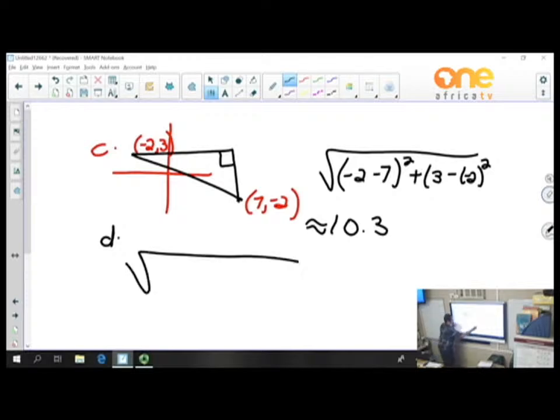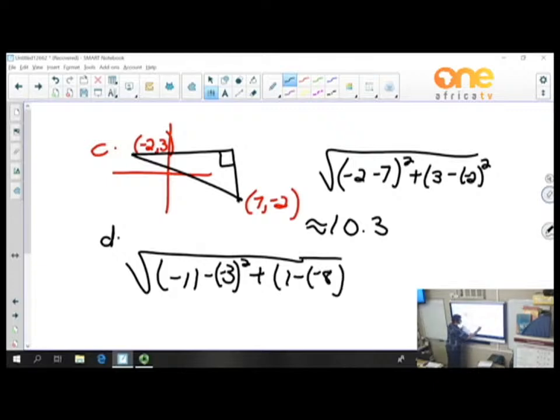So that one is going to be negative 11 minus negative plus, and then the second one is then 1 minus 8 squared. What do we get? Again, please try so that we can see if you get the same answer here. Right, so I want you to draw the pictures.